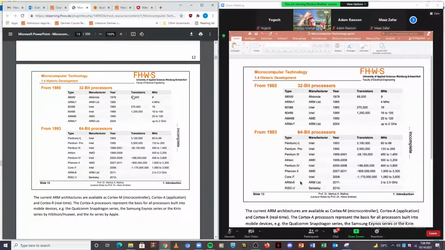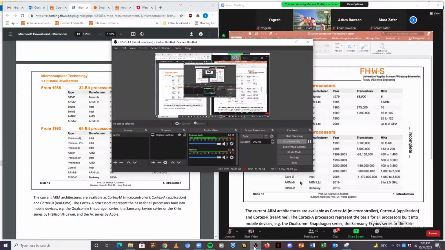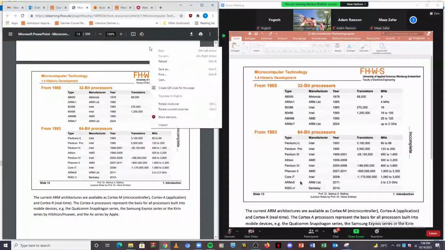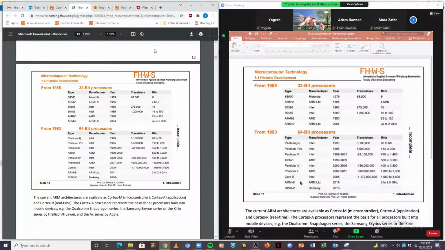So if you have a program, it's not executed from the first line to the last line, but you have a lot of branches within your program, if else, if else, if else.